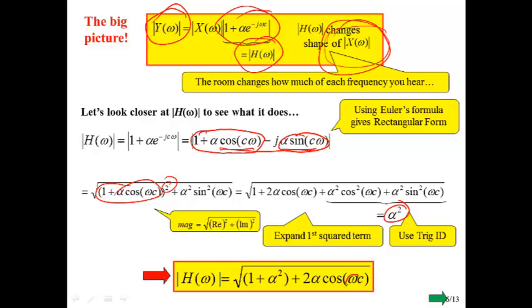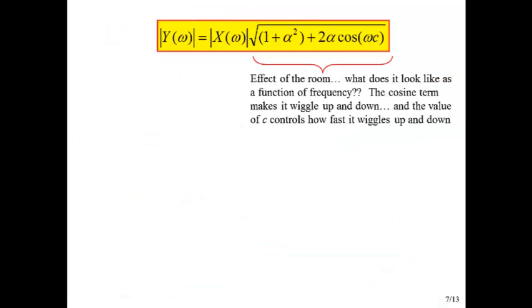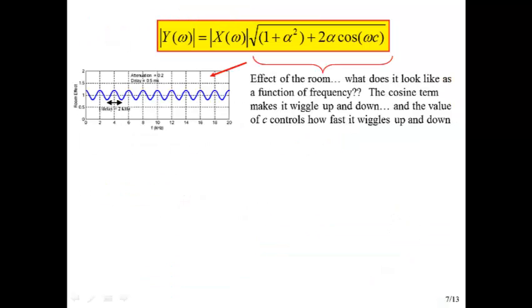And as we go across omega, c sets the frequency in frequency. I hate to say this, but omega is frequency, and we're looking at this as a function of omega. It just sets the rate at which this thing's going to wiggle up and down as we go across omega. And so this is the effect of the room on our audio signal.